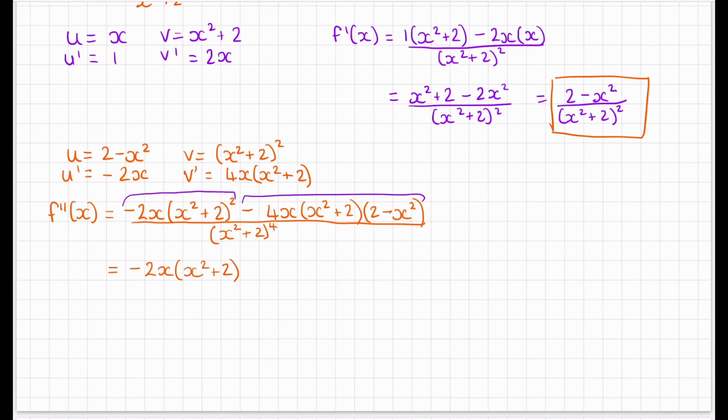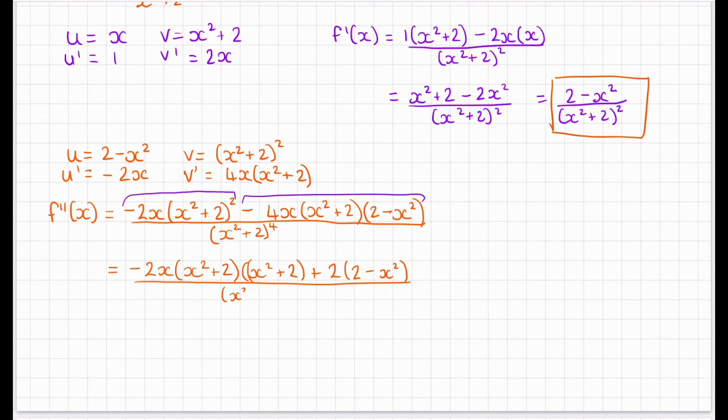And the next bracket is whatever's left. So from the first part, we still have an x squared plus 2 remaining. And from the second part, we're going to have a plus 2 that's left here, because minus 2x times 2 will give us a minus 4x. We've already used the x squared plus 2, and then we still have left a 2 minus x squared. This is also going to be over the x squared plus 2 to the power of 4.